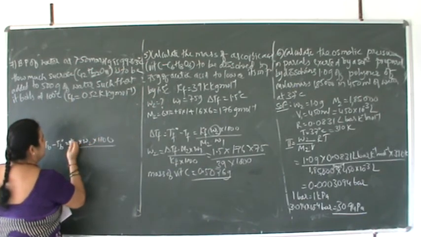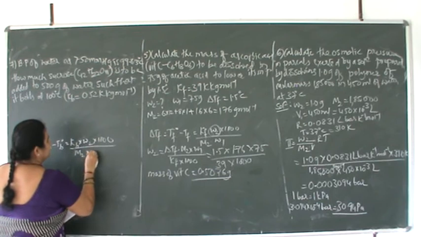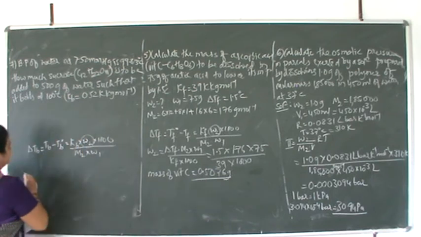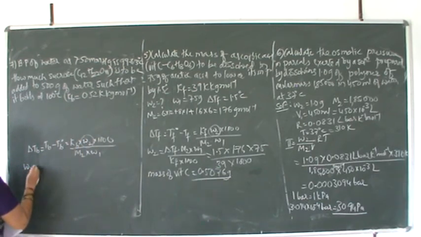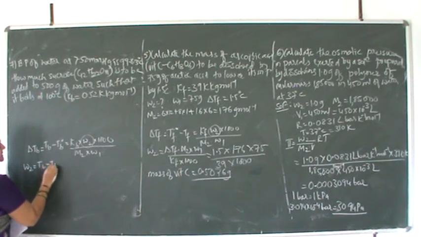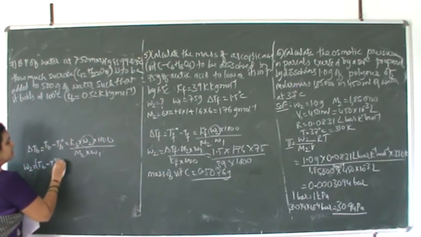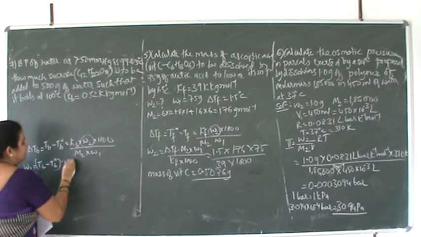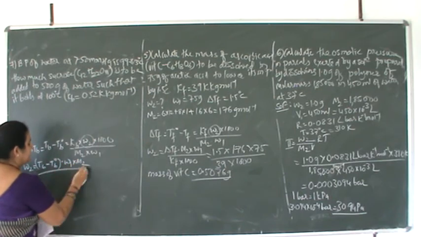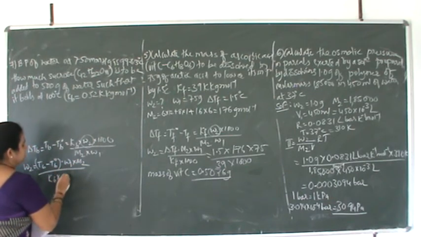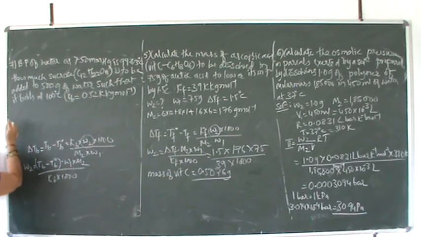Divided by M2 into W1. Here also we are calculating W2 is equal to TB minus TB naught into W1 into M2 divided by KB into 1000. Okay. Now write down the things which are given in the problem.